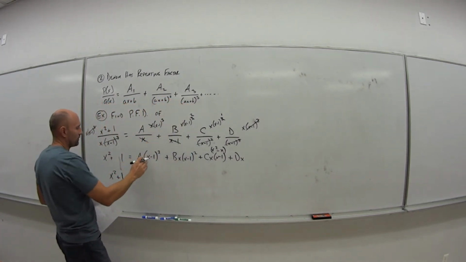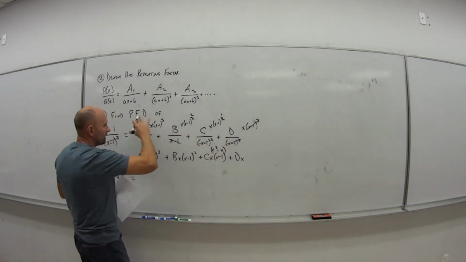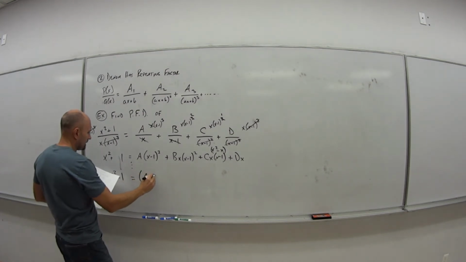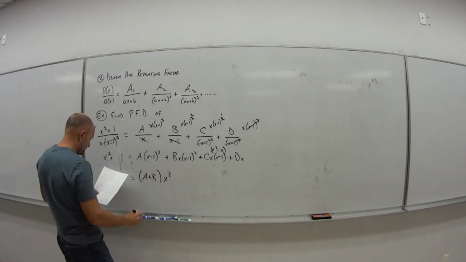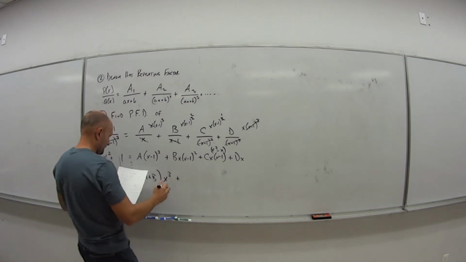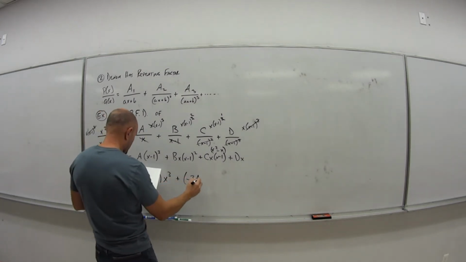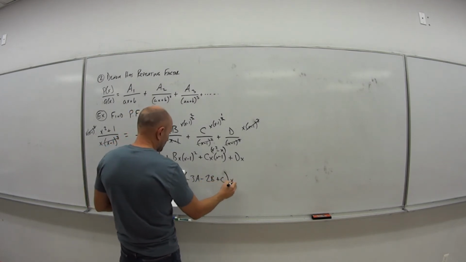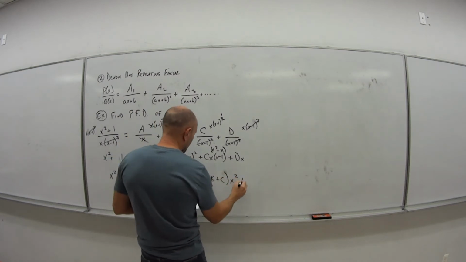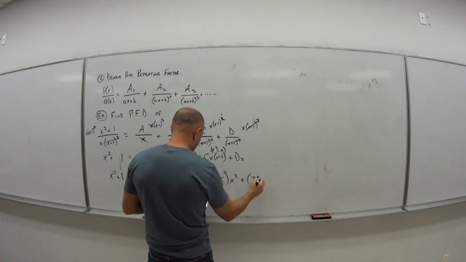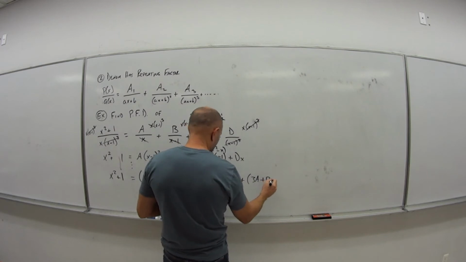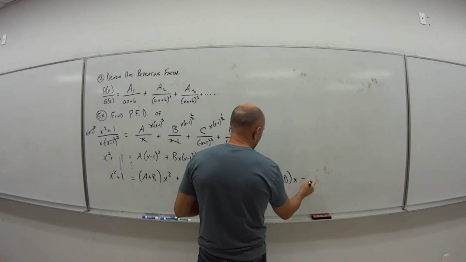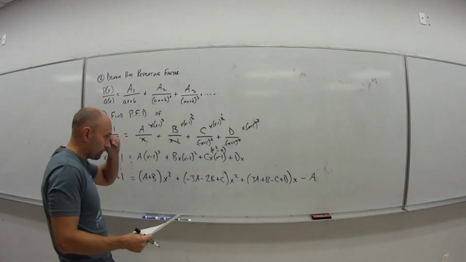When we expand all these out and then combine our like terms, you're going to end up with (A plus B) times x to the third, plus (negative 3A minus 2B plus C) times x squared, plus (3A plus B minus C plus D) times x, minus just A by itself.